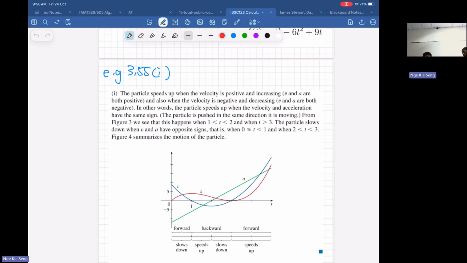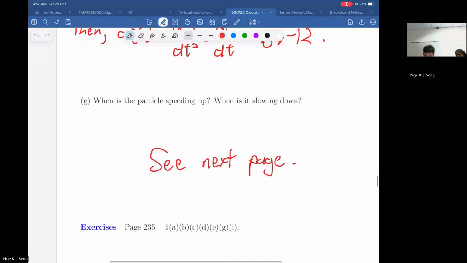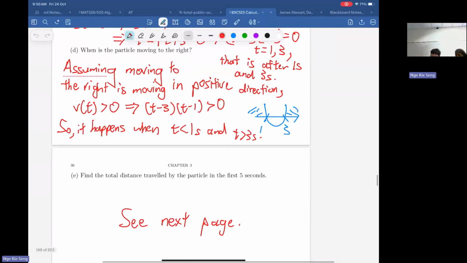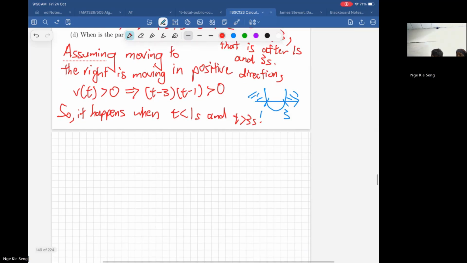So whether you move to the right or left, we will use velocity to decide. I think people should be confused as well, so maybe later I can explain again. So what is velocity?